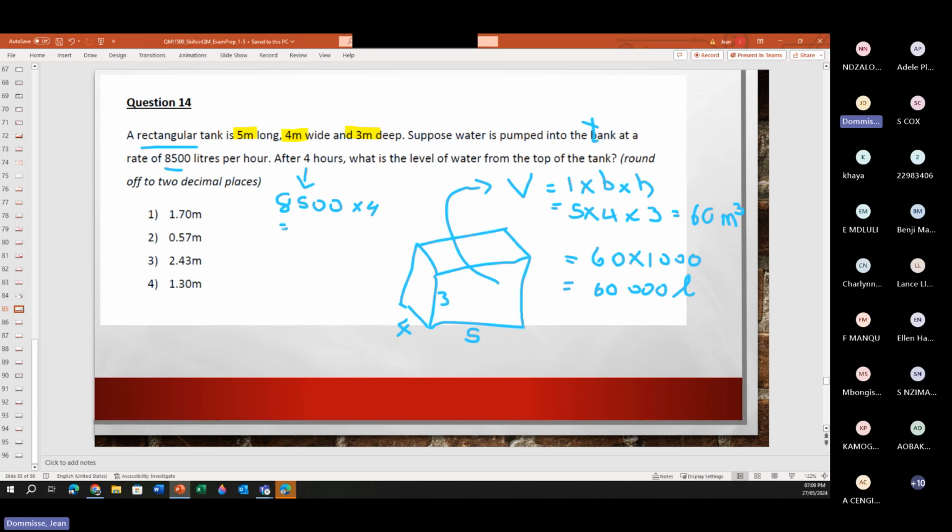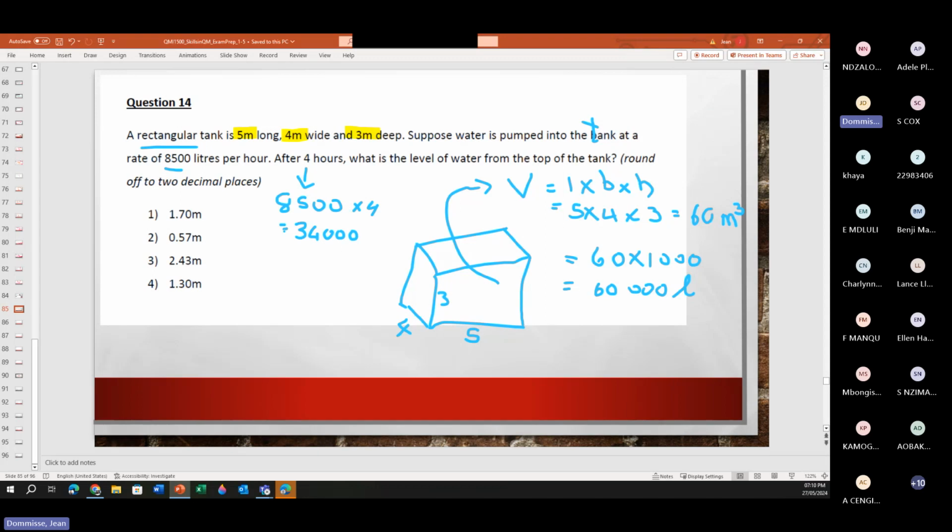That gives us 34,000. So if I want to know how much is filled, I know this whole tank takes 60,000 liters.